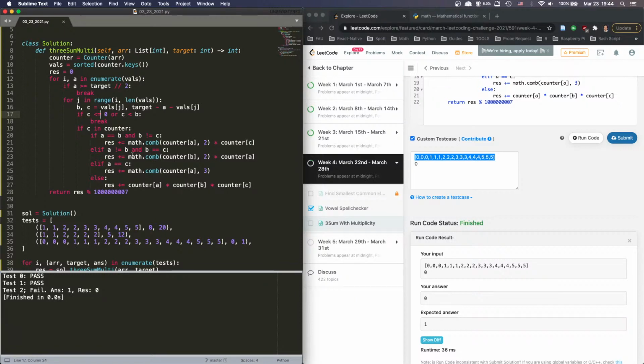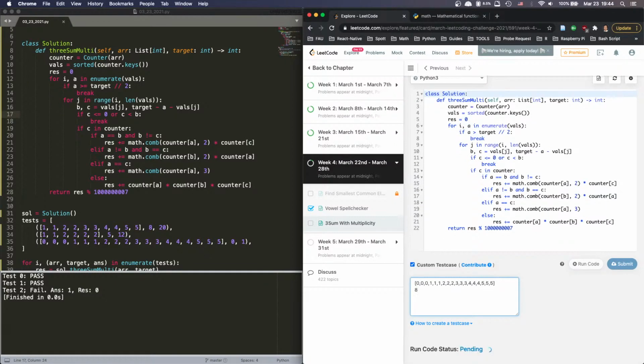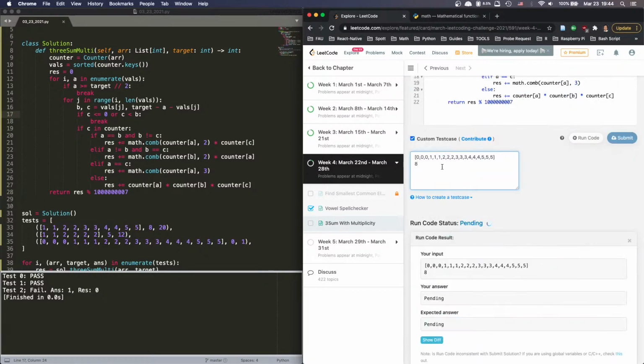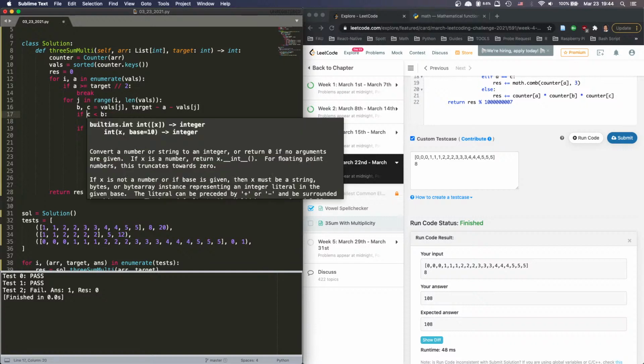Because I can see that if we do 8, I'm going to be wrong as well. Oh, that's actually correct. So it has to be this way, or we just do this. Why do we consider C smaller or equal to 0? It's going to be smaller than B anyway.